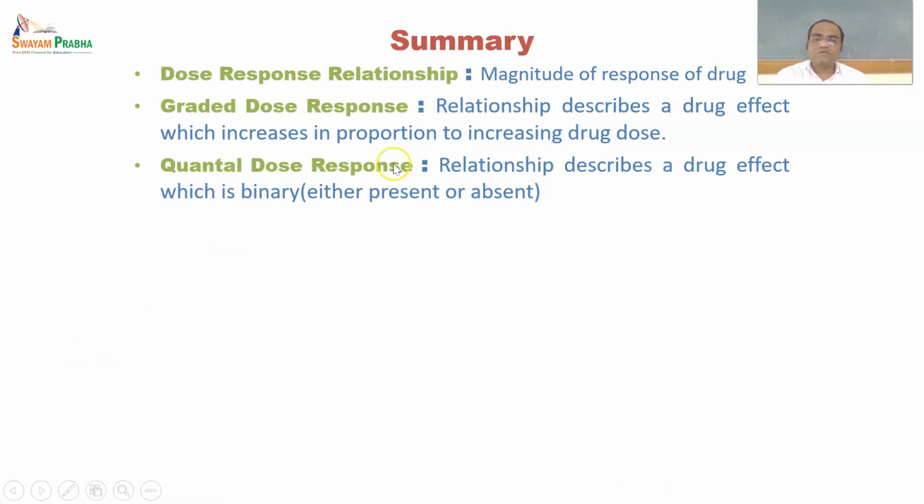After that, the quantal dose response relationship. It is different from the graded dose response relationship, as it is binary. It is not for an individual, it is for a population. Either the effect will be present or absent, and it is calculated for a population. From the population, we can calculate the accurate dose required for the general population.